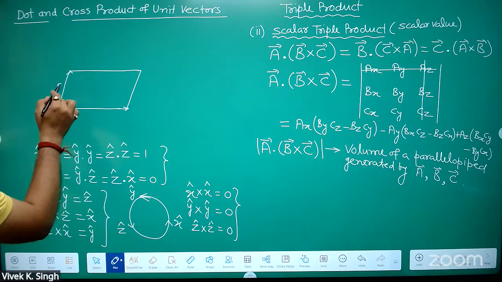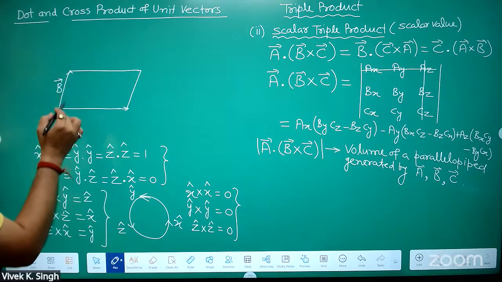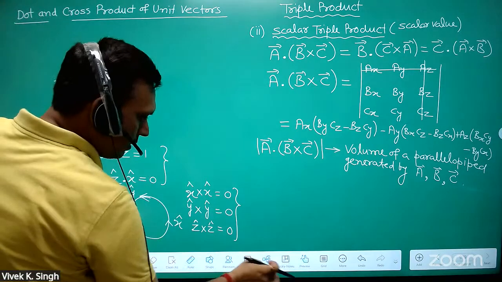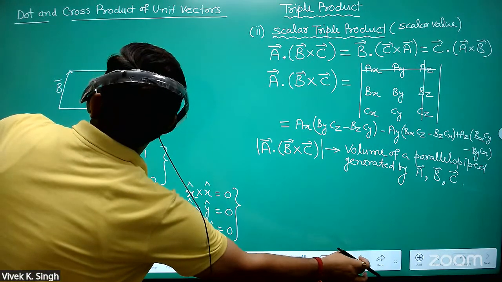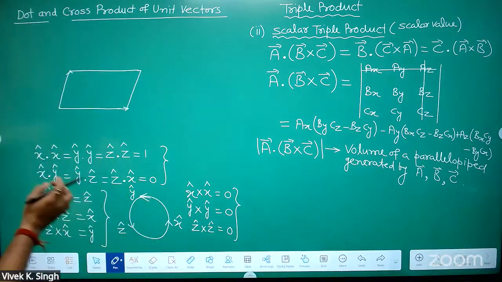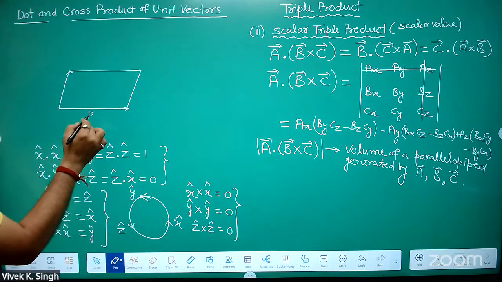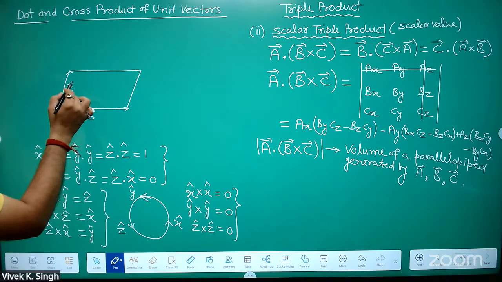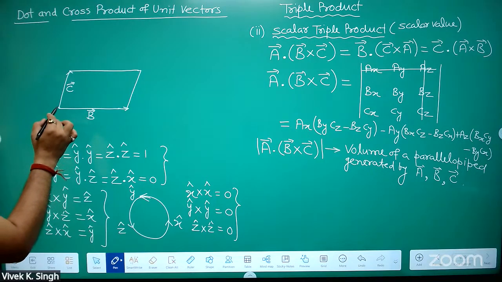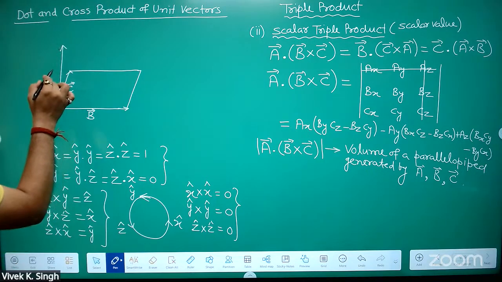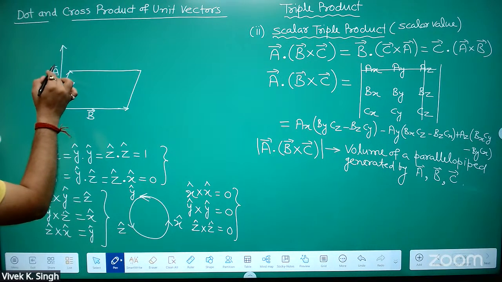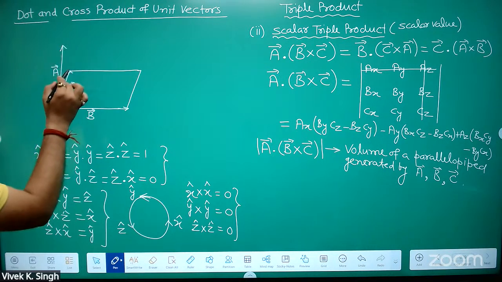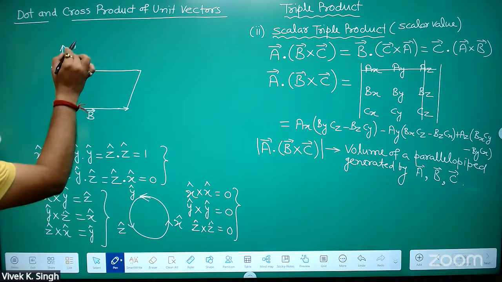This is the B vector, and this is the C vector, and you have a vector like this.